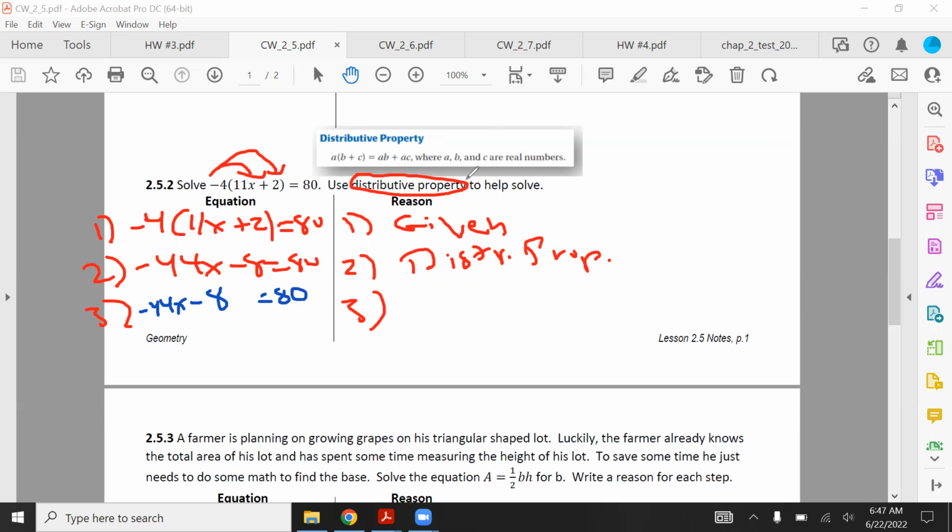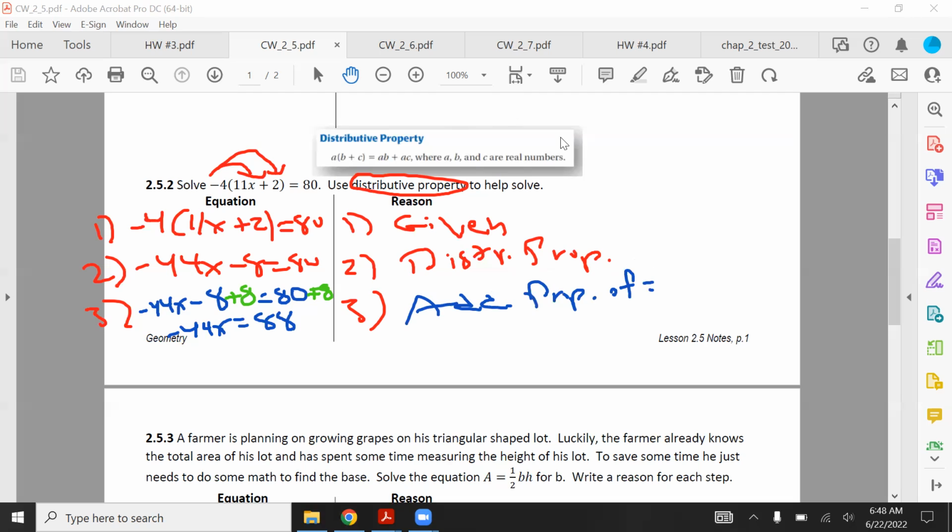You could probably do it all in one line if you like, which of course looks like this. So that's called the addition property of equality, because you're adding something to both sides.